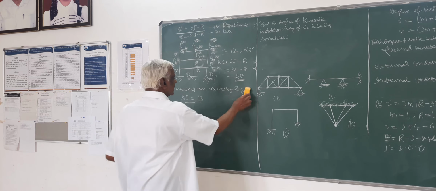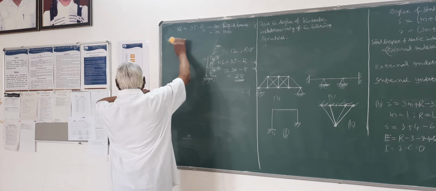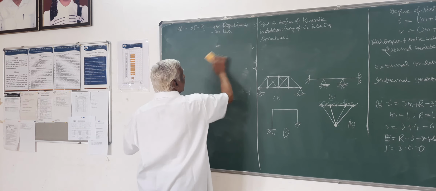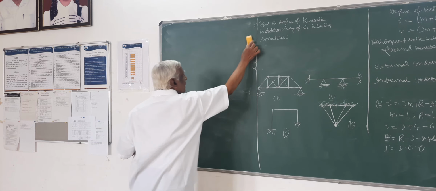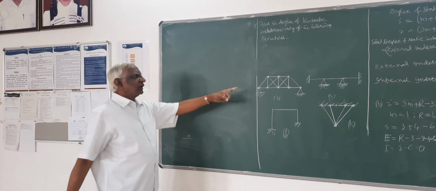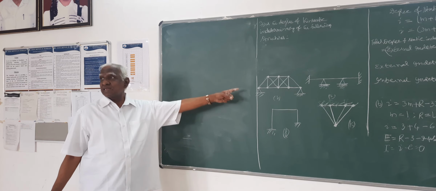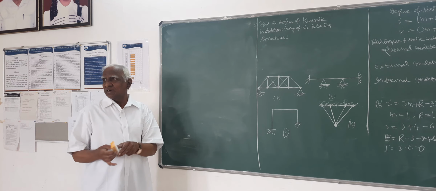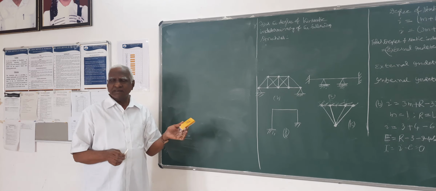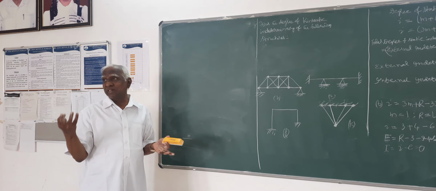So then if you take this third one, it is a plane truss. Here you have to be careful about possible displacements, because each joint is a pin joint. It is not a rigid joint. With a pin joint, rotation will not be there.